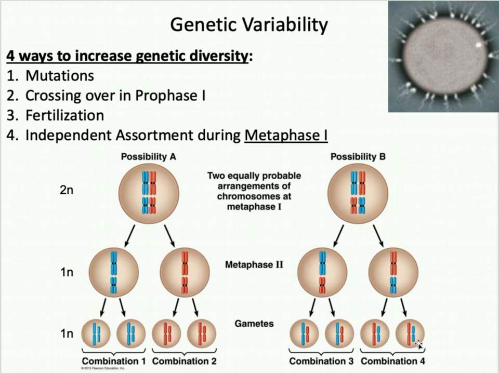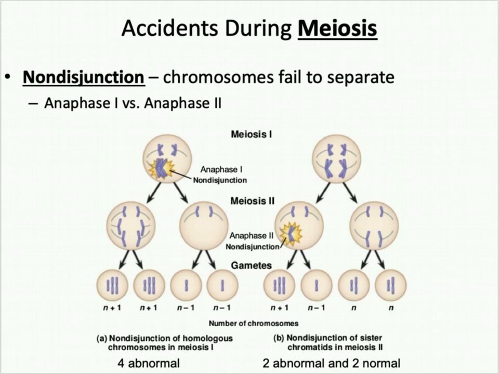And you see how these haploid cells are different from the earlier haploid cells. So these arrangements on the metaphase plate during Metaphase 1 are random. They can be aligned in many different ways. So there are many different possibilities for different children with different traits.